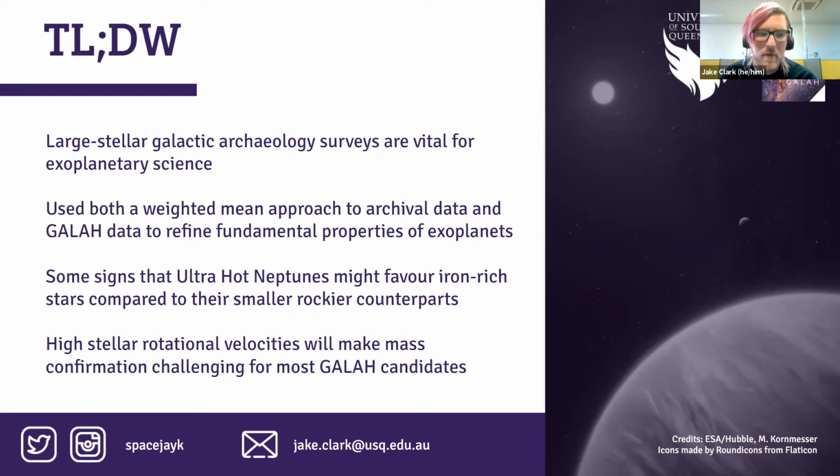I think I've seen a paper about thorium, which is quite interesting in terms of heating of an exoplanet. And yeah, the carbon and oxygen abundances are also really important.